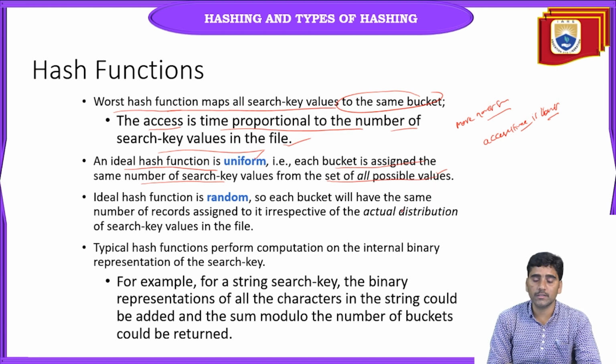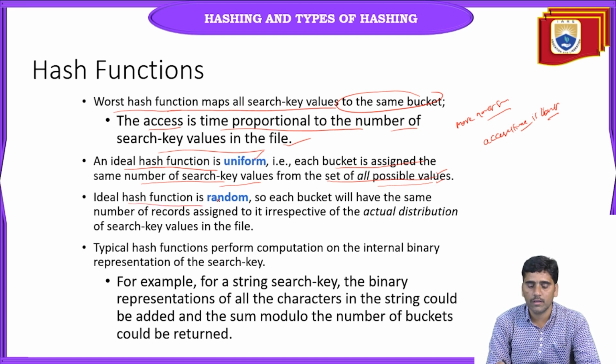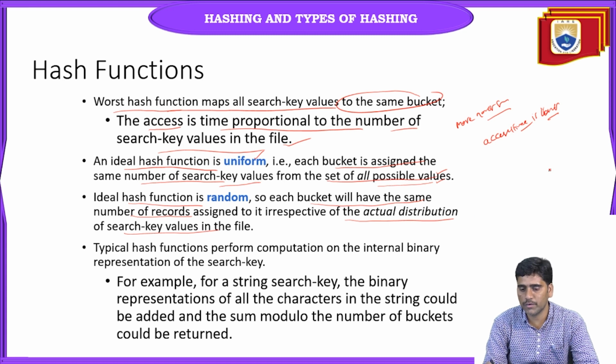An ideal hash function is also random, so each bucket will have the same number of records assigned to it irrespective of the actual distribution of search key values in the file. If the distribution of search key values is different, then the records also differ.